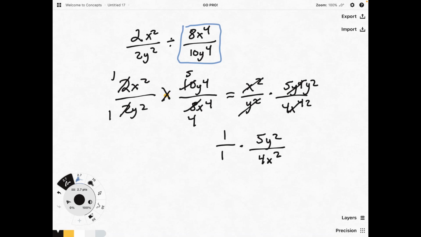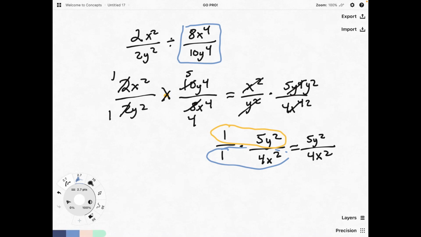Now this can no longer be simplified, so we just need to go across the top, and go across the bottom, and 5 times 1, y squared is 5y squared, and 1 times 4x squared is 4x squared, and this is our answer.